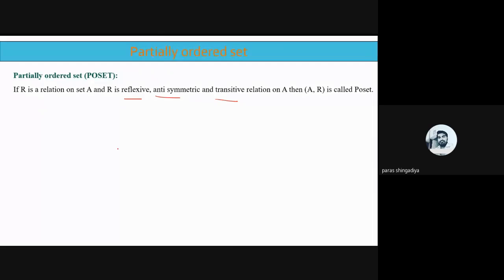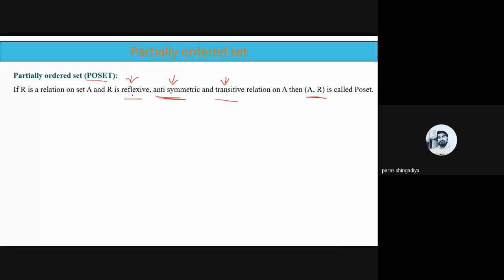But in place of symmetric, we'll check the antisymmetric condition, and the remaining two as they are: reflexive, antisymmetric, and transitive on relation A. Then (A, R) is the notation for that. A is a given set and R is a relation. Then (A, R) is called the partially ordered set, simply denoted as a PO set, meaning partially ordered set.